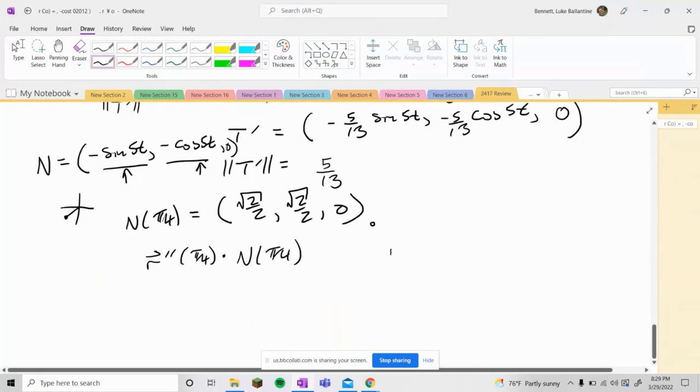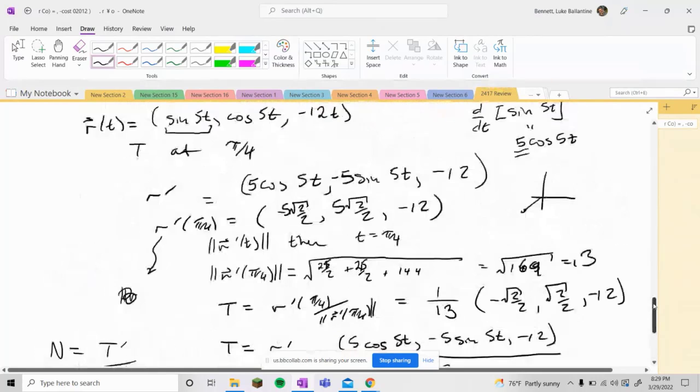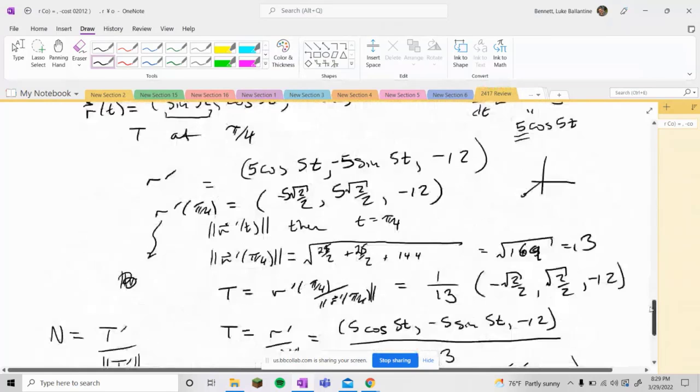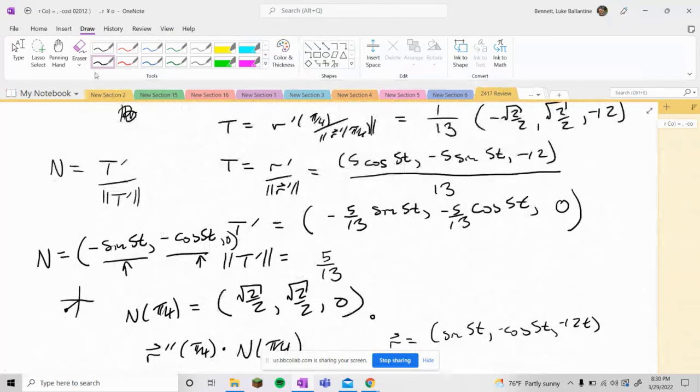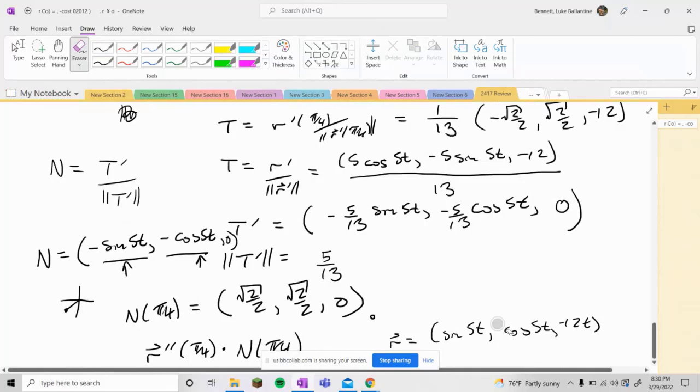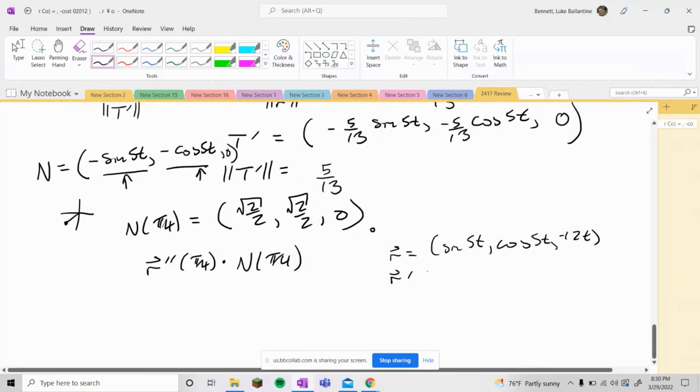So r was sine, cosine, negative 12t. Okay, so we're going to do r double prime. And then we're going to plug in pi over 4.